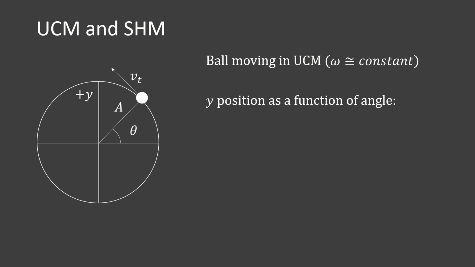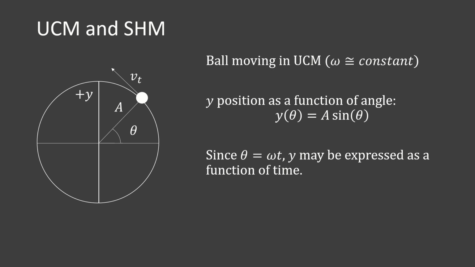From there, we can find the y position as a function of the angle, and this is from your trigonometry lessons. You know that y of theta is just equal to a sine theta, a being the hypotenuse and sine theta being the opposite. So that gives your y values. But from angular kinematics, you know that theta is equal to omega times time.